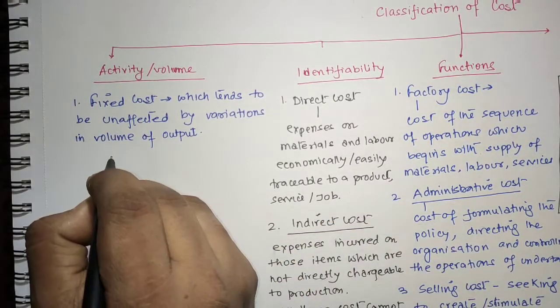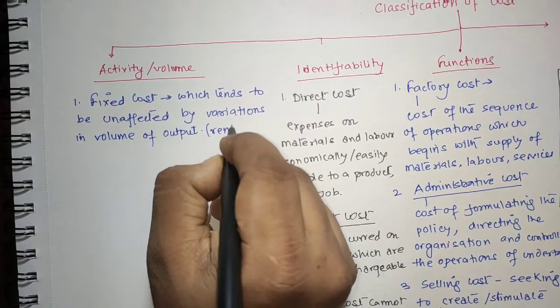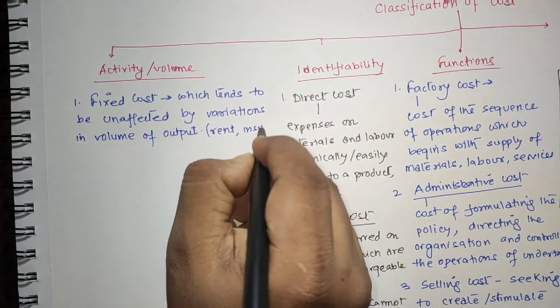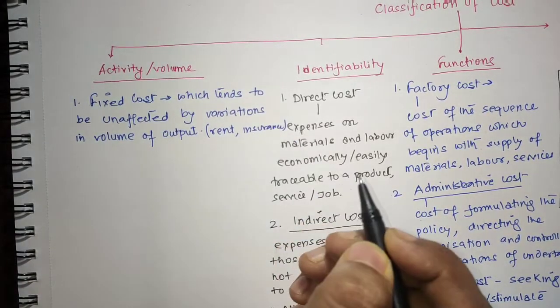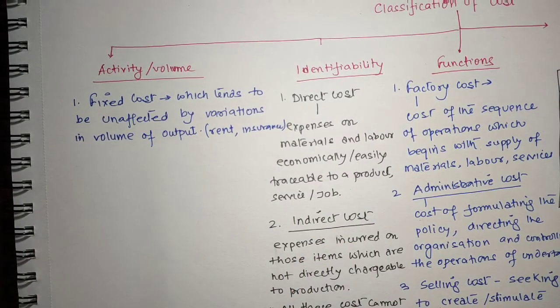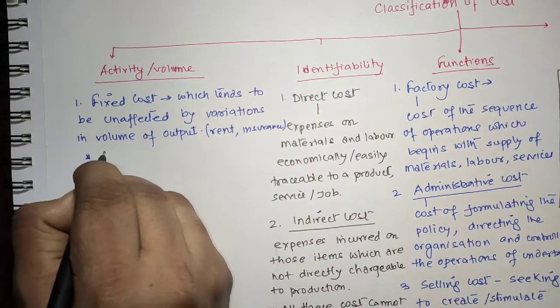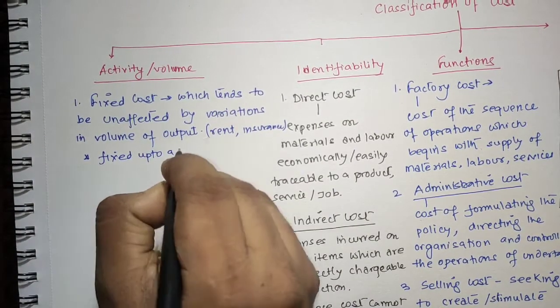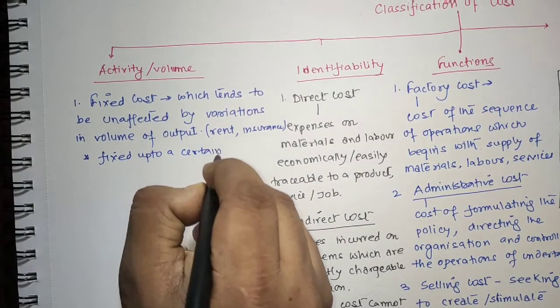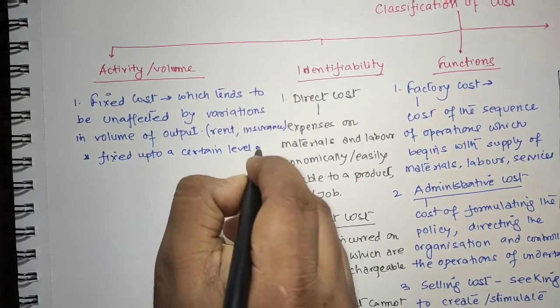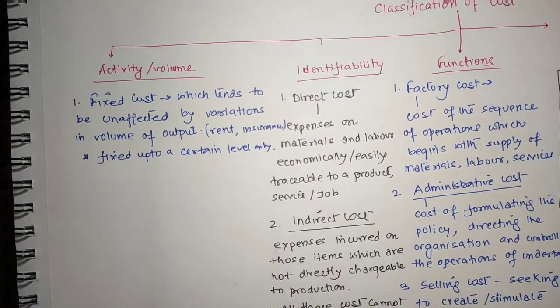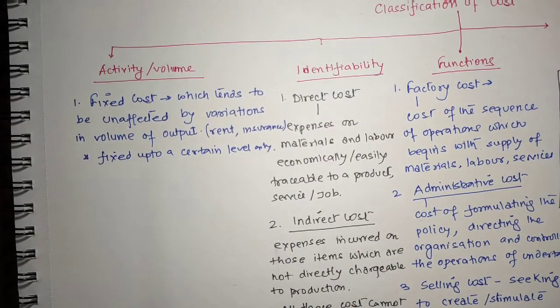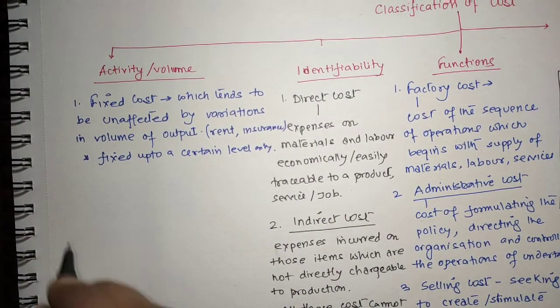For example, rent, insurance, they are always fixed. It may be noted that fixed cost remains fixed up to a certain level only, and these costs may change after certain levels of production.